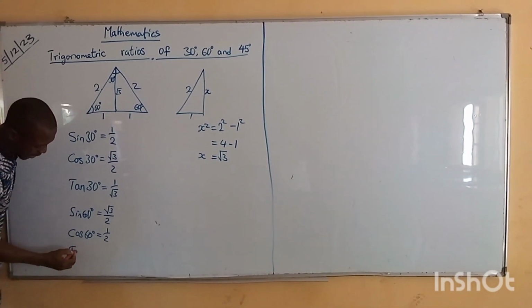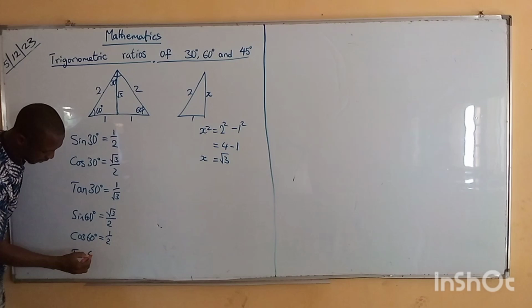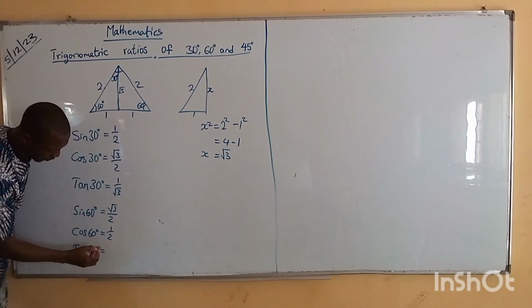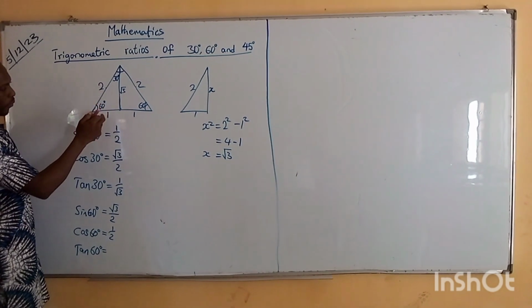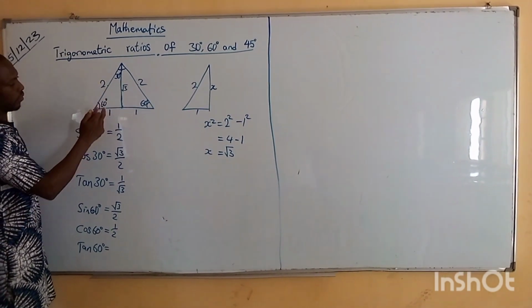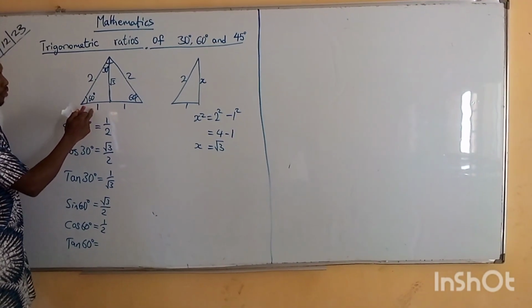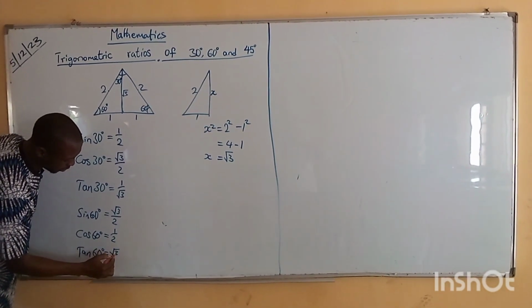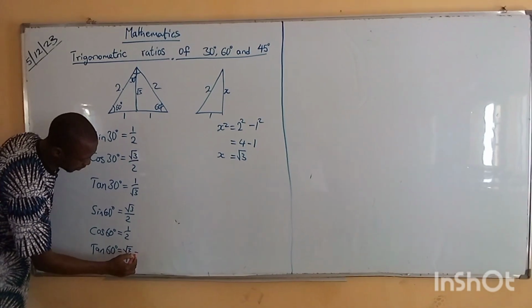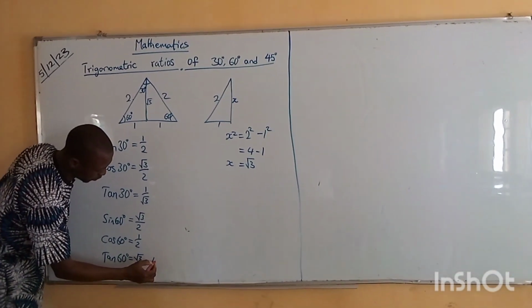And tan 60 degrees is equal to opposite over adjacent, which is root 3 over 1, which is the same thing as root 3.